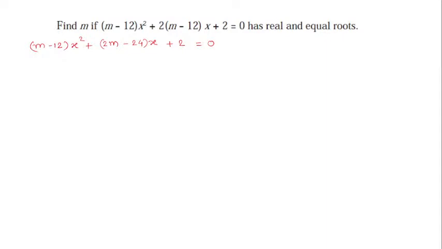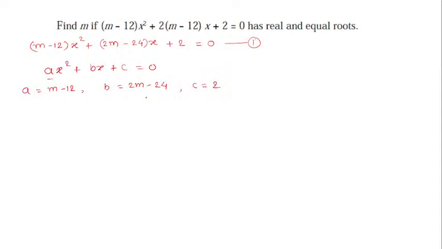So if we compare this equation, let's number this as equation number 1, with the standard form, that is ax square plus bx plus c is equal to 0, then in place of a we have the value m minus 12. So value of a is m minus 12, value of b is 2m minus 24, and value of c is 2.